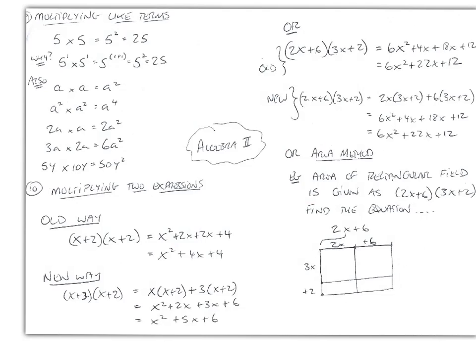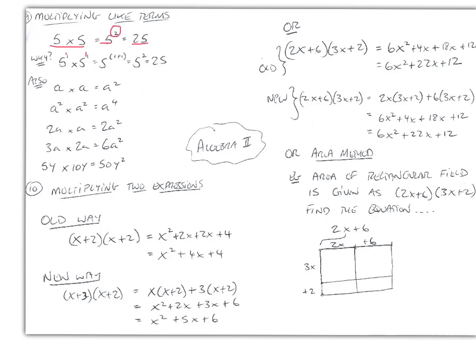Let's look at multiplying like terms. Well, we all know that 5 times 5 is 25. But another way of writing 25, or 5 times 5, is 5 squared. Why is this? Well, this is because each of the 5's is to the power of 1. We don't write that all the time, but it's always there.